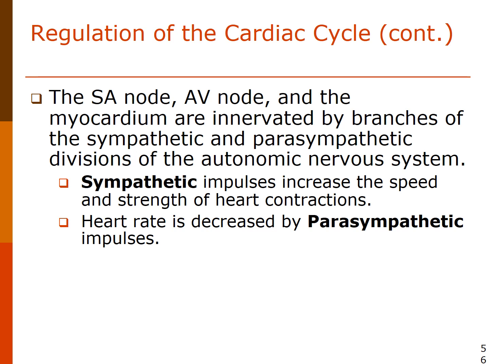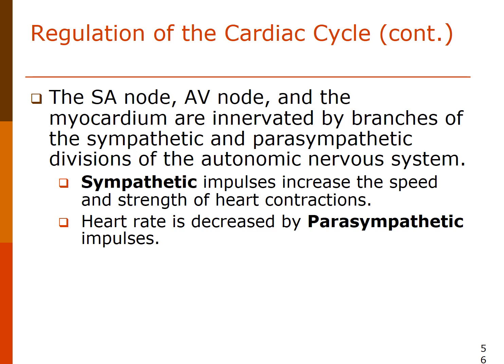The sympathetic division is involved in fight and flight responses, and its impulses are going to increase the speed and strength of heart contractions. The parasympathetic division is involved in rest and digest, so its impulses are going to decrease the heart rate.